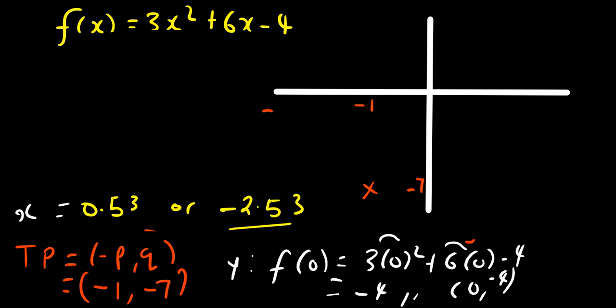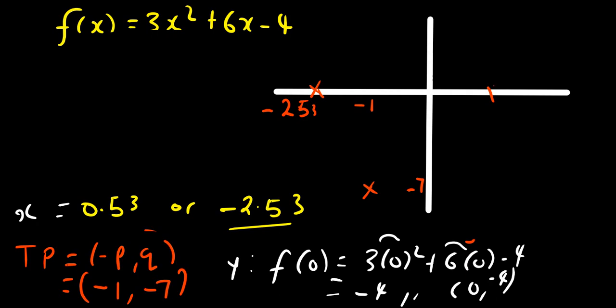Let me put negative 2.53 here, and let me say this is our point. Then on the other side we've got 0.53. Let me put our 0.53.